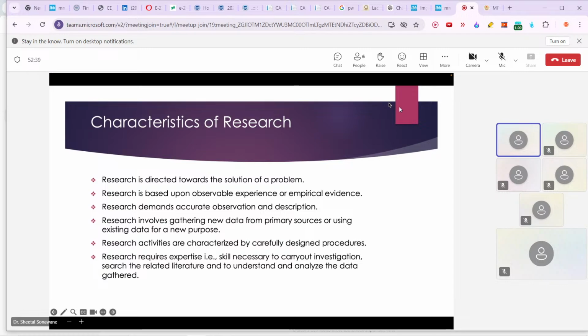Research is based upon observable experience or empirical evidence. Empirical evidence is very simple. A simple example would be historical evidence.